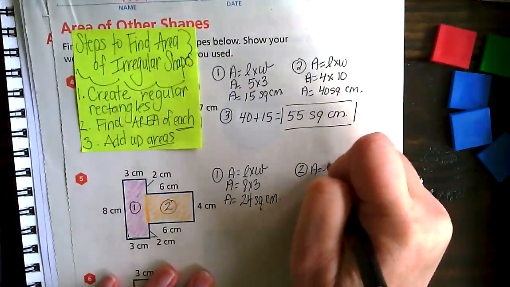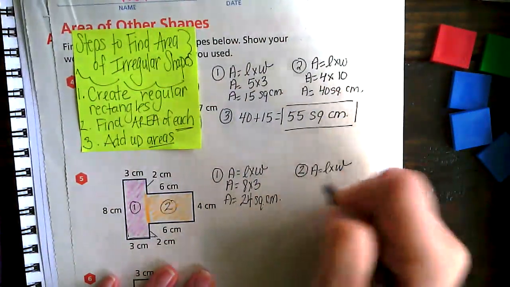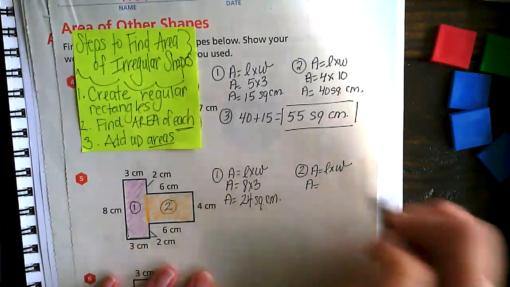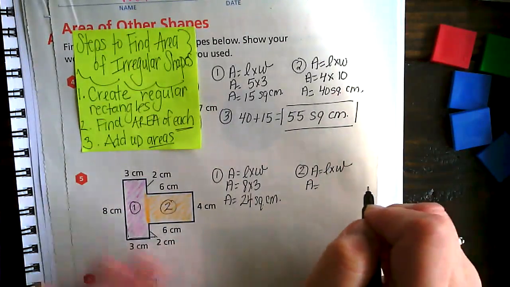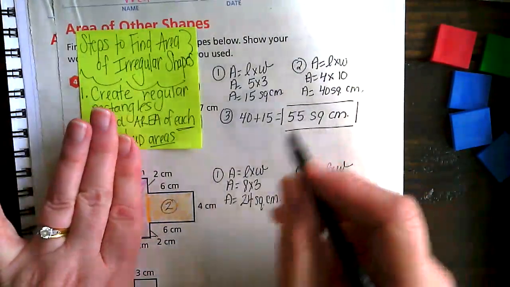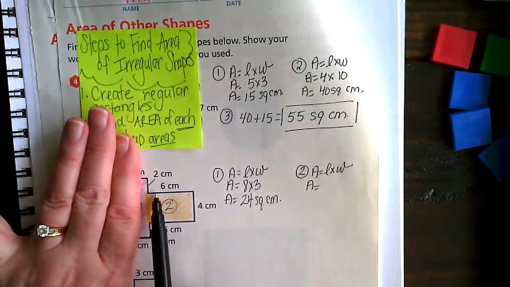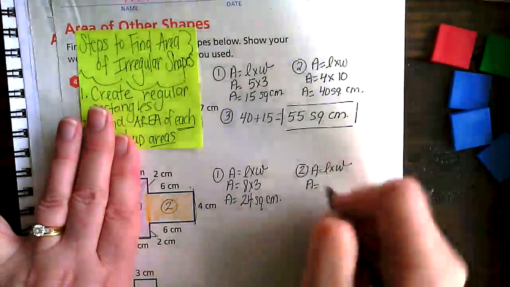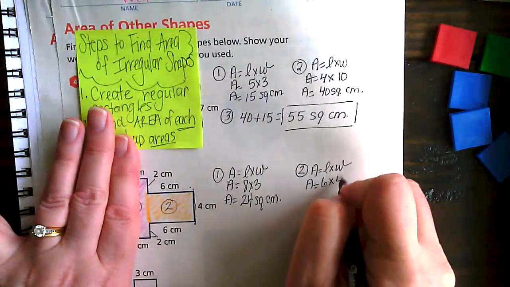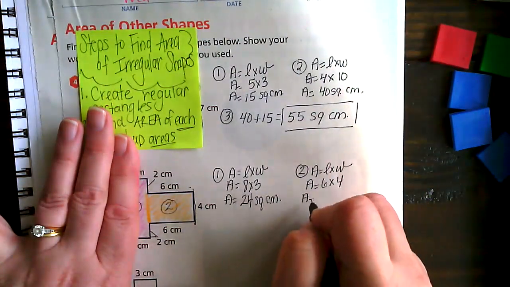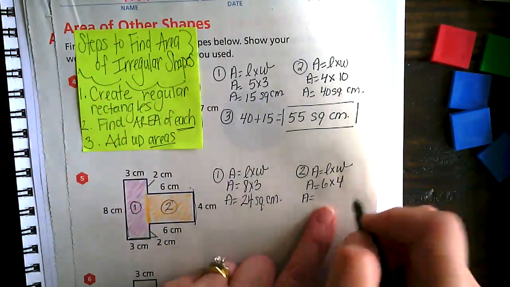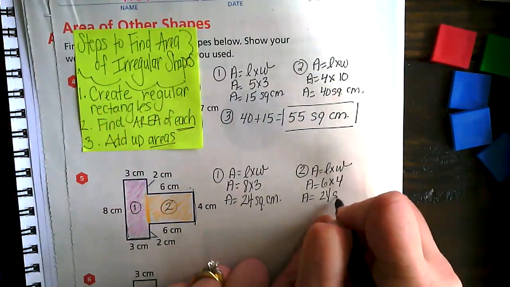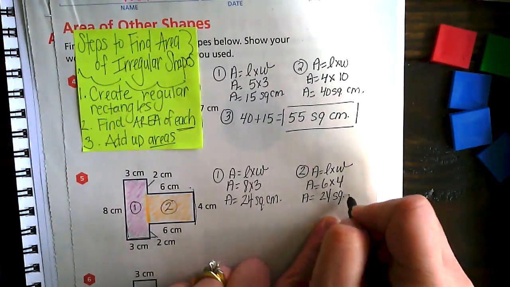Area equals length times width. Okay, let's take a look at it. Rectangle 2, 6 times 4. 6 times 4 equals 24 square centimeters.